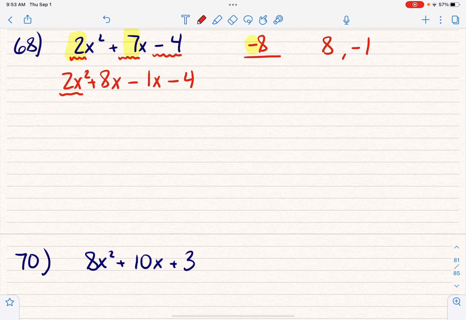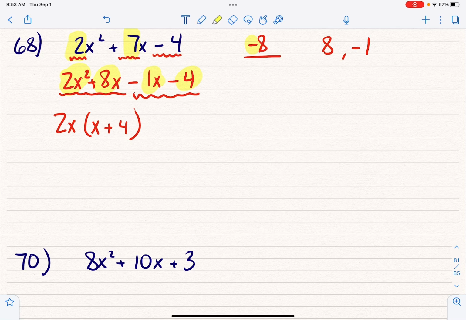So what can I take out of the first two terms? I can take a 2x out, which leaves me with x plus 4. And remember, I said whenever you break this up into the 4 parts, 1, 2, 3, 4, on the second half, this part back here, you're always going to factor out whatever that sign is right there. So the fact that it's a negative means I'm going to take a negative what?